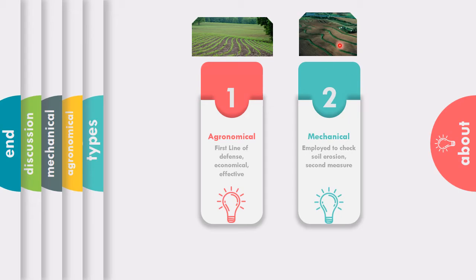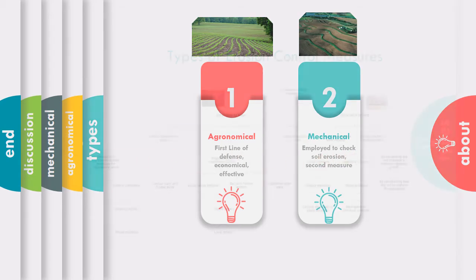The first one is agronomical measures, which are more economic and effective. The second one is mechanical, and it is also used for checking the soil erosion.